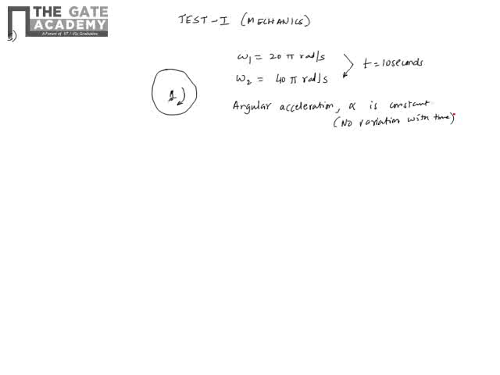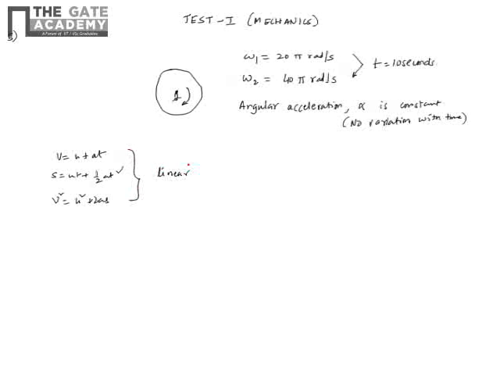Now, just like we have kinematic relations of v is equal to u plus at, s is equal to ut plus half at square, and v square is equal to u square plus 2as. These are for linear motion, a particle or a body in linear motion with constant acceleration.